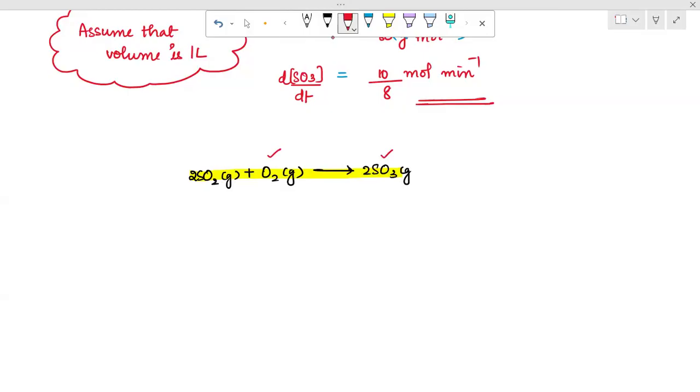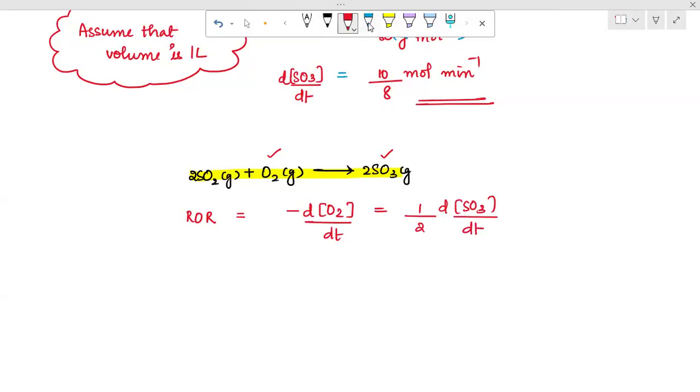In order to know the relation, just like the previous question, we'll write the rate of the reaction. What is the rate of the reaction? With respect to O2, it is minus dO2 by dt. And with respect to SO3, where there is a stoichiometric coefficient also, it is 1 by 2 dSO3 by dt.